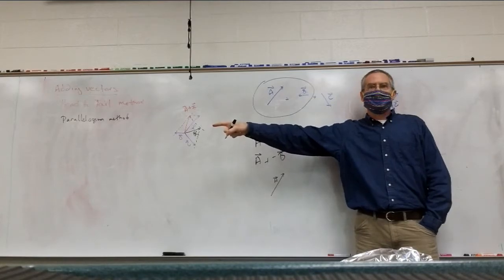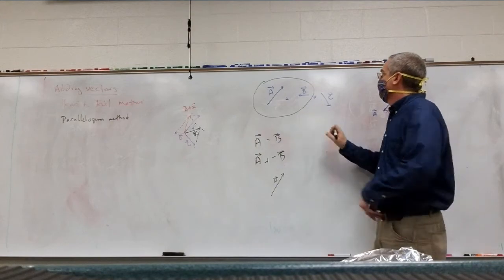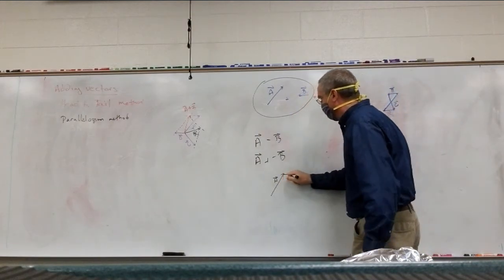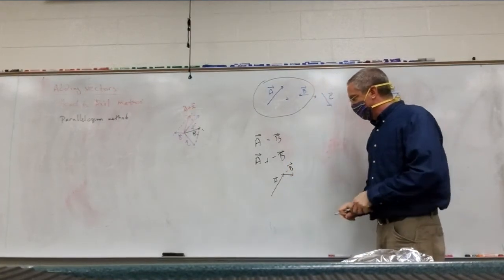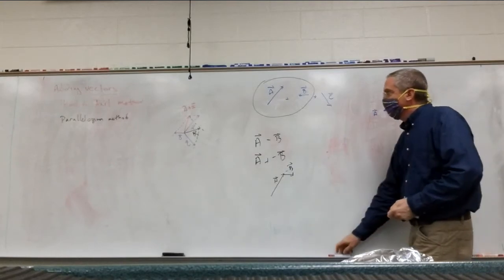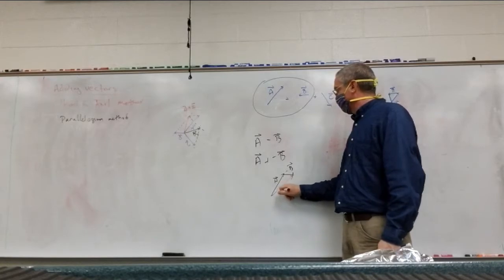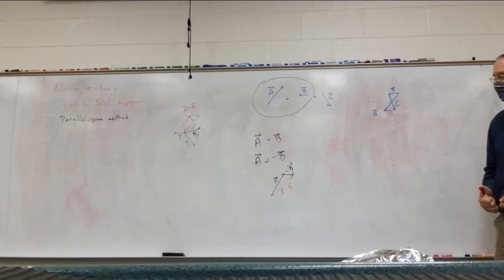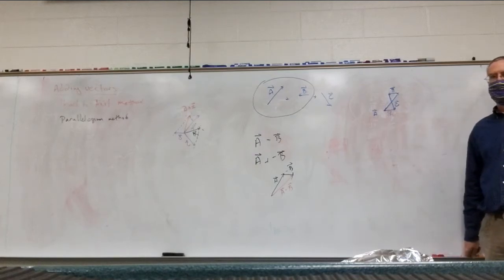Can we get a third? There we go. And an index finger. Good enough. So that B is going the opposite direction. That's negative B right there. And so A minus B looks like that. Pretty sure it's still called a resultant, but I don't know if the math people have a special name for it.